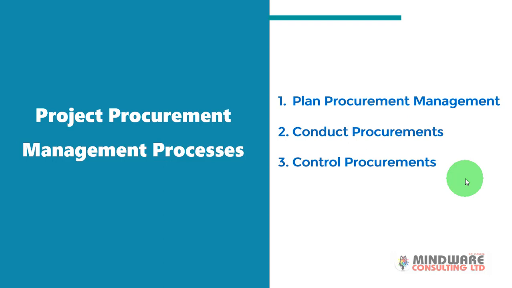For the rest of this module, we're going to be looking at these three processes in detail. We'll look at the overview, the objectives, what they entail, the inputs, the tools and techniques, as well as the outputs for the various processes involved in project procurement management.